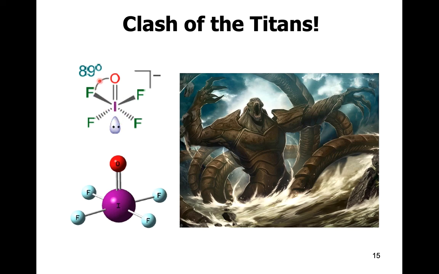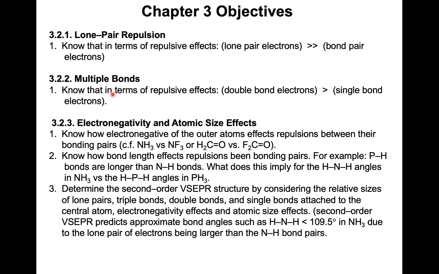Well, slightly the lone pair wins. So we're seeing that the lone pair bond repulsion is larger than the double bond single bond repulsion. Just by a little though. So these all get pushed up just a little because this lone pair is just a tiny bit stronger than that double bond.